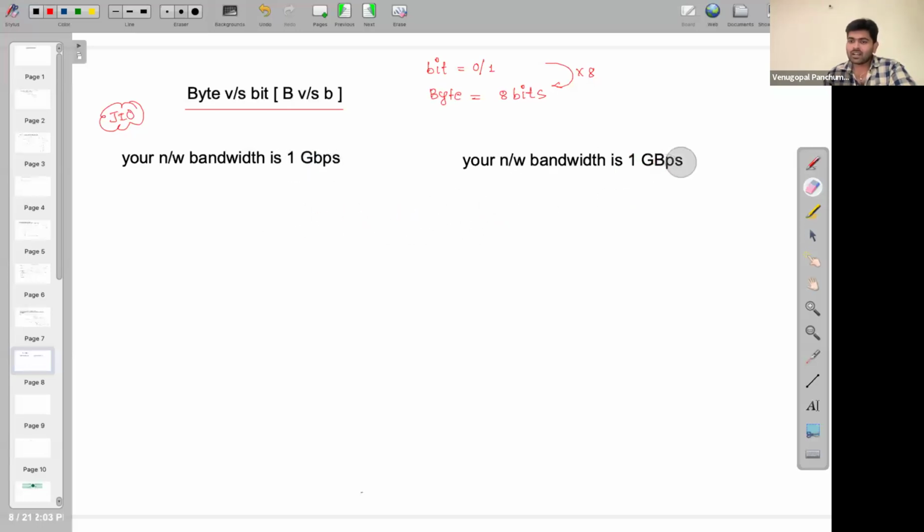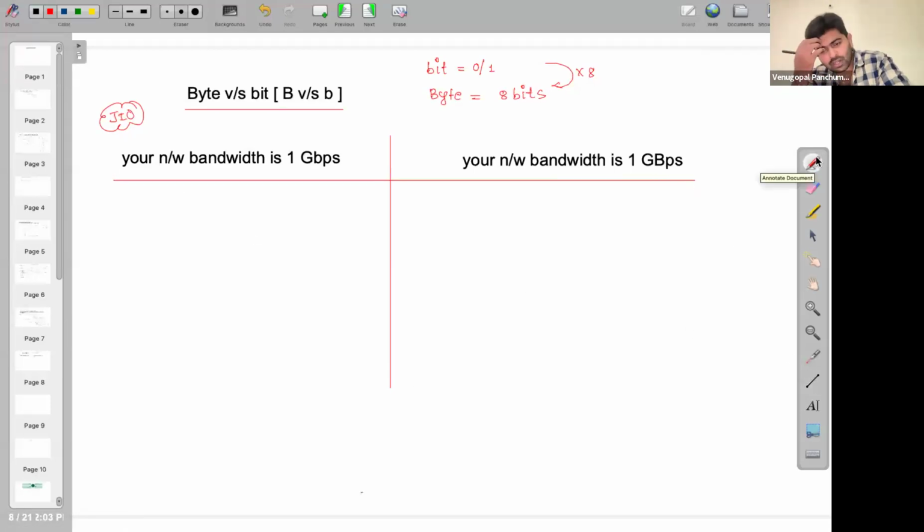First case, let's say I want to download some web series. From a torrent or somewhere you got a torrent link, and you want to download that. Let us say the file size is 80 GB.